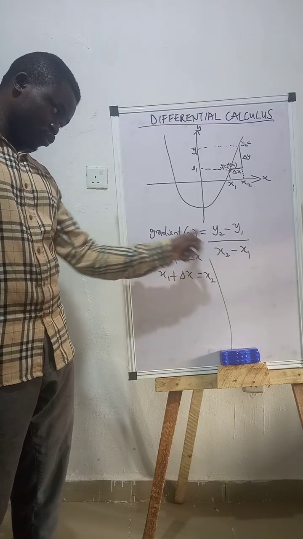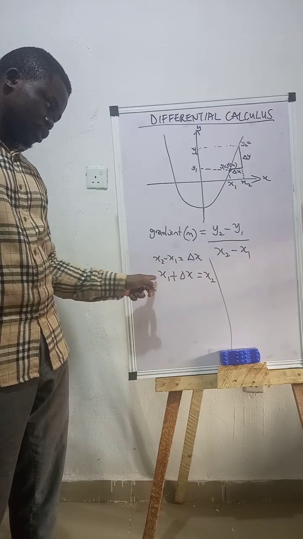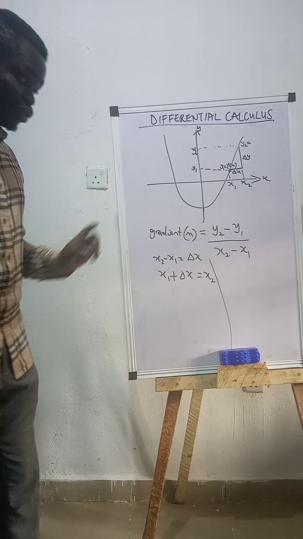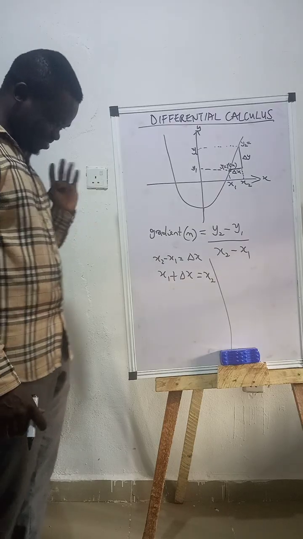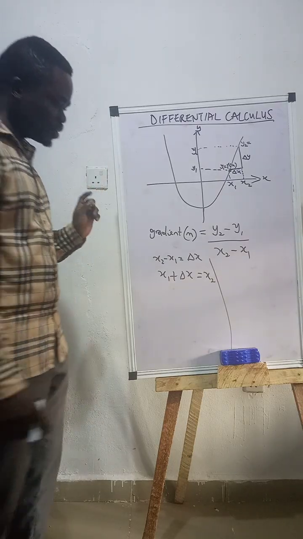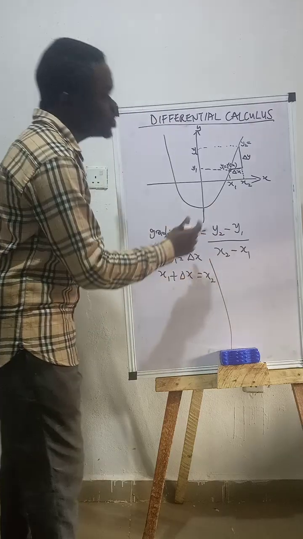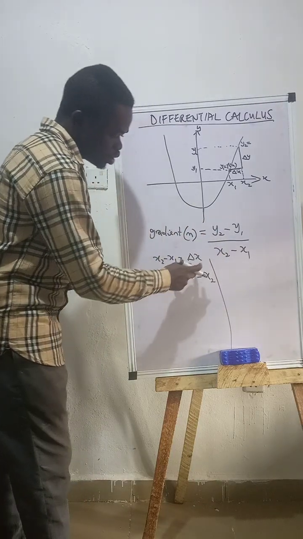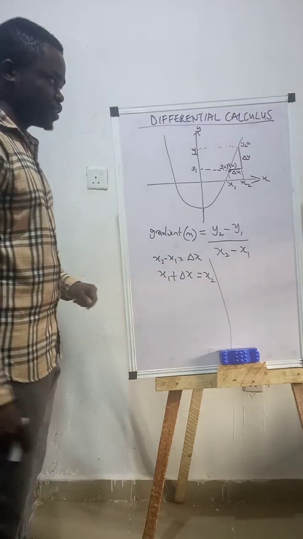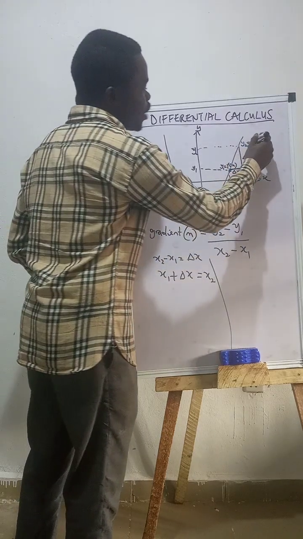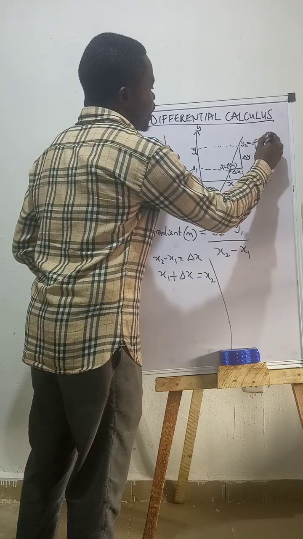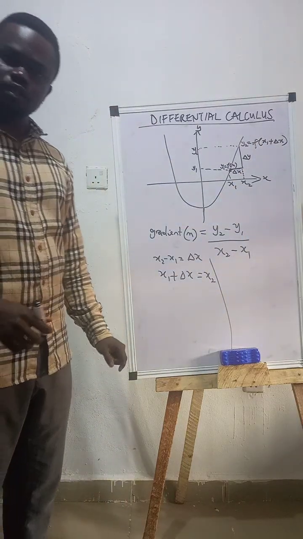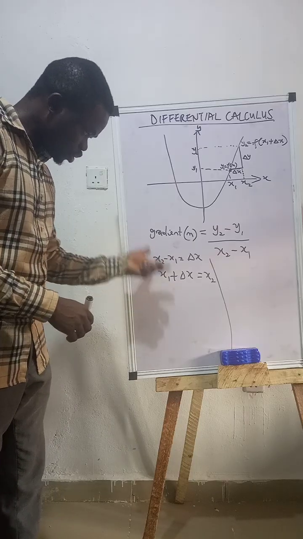So x2 is x1 plus change in x. I'm not doing any magic. So we know that y1 is this, and y2 is the new value for which the x has changed. So instead of x2, we use x1 plus change in x. So y2 occurs at x1 plus change in x. That's the point at which it occurs.